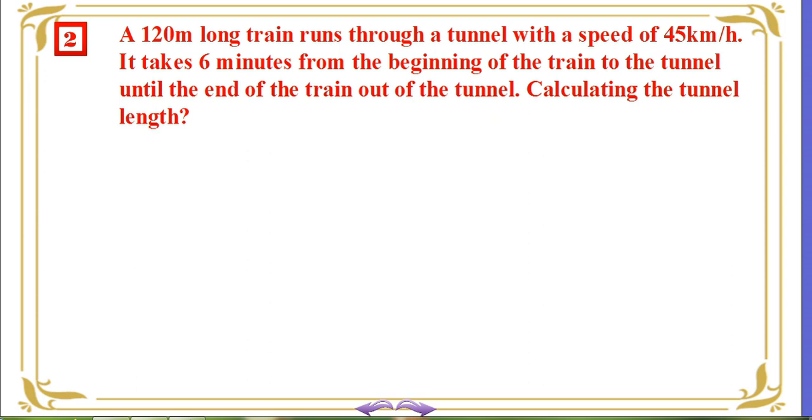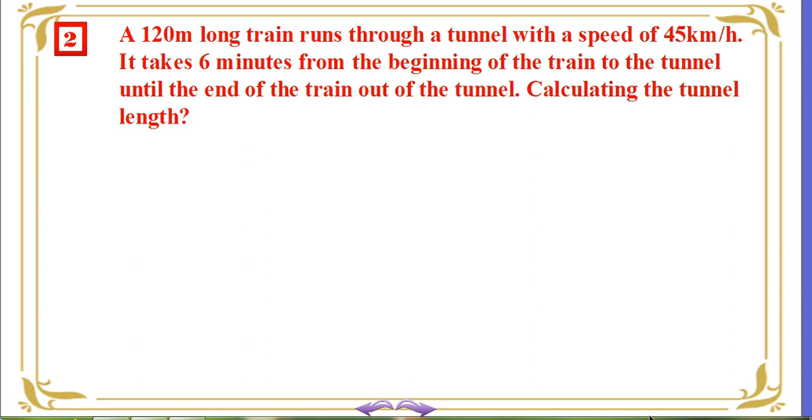A 120-meter long train runs through a tunnel with a speed of 45 km per hour. It takes 6 minutes from the beginning of the train entering the tunnel until the end of the train leaves the tunnel. Calculate the tunnel length.